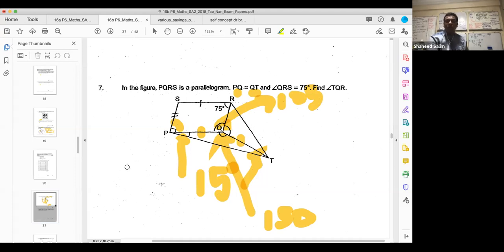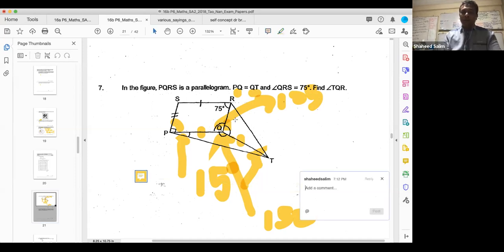So I'm going to go through step by step again. In case you are not sure, you want to find this one, just take 180 minus 75. You get 105. So this here is 105. And then you discover that this is equal to this, so this is an isosceles triangle. If this is 15, this one must be 15. Then how can we find this angle here? Very simple.